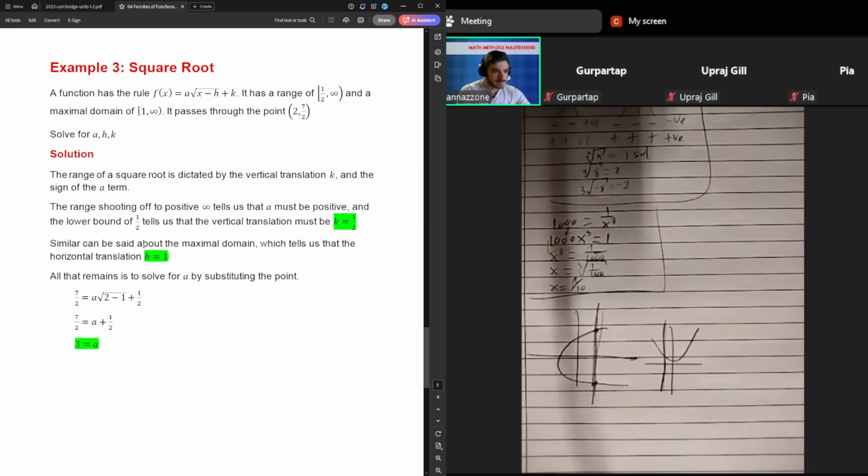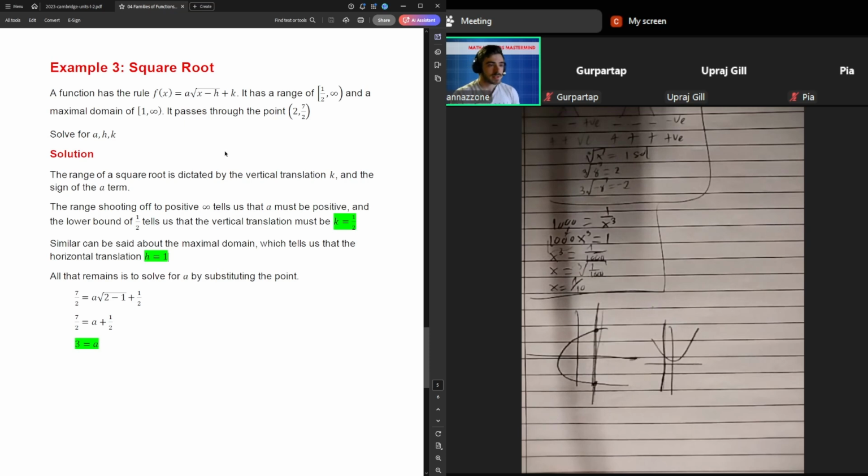Okay, so that's k. Next up, maximal domain. Now, I haven't gotten into a whole lot of detail here. Why does maximal domain of this imply h equals 1? Because there's still the x value given, and since h determines the x value of the starting point, you can conclude from the maximum domain that it will be h equal 1.